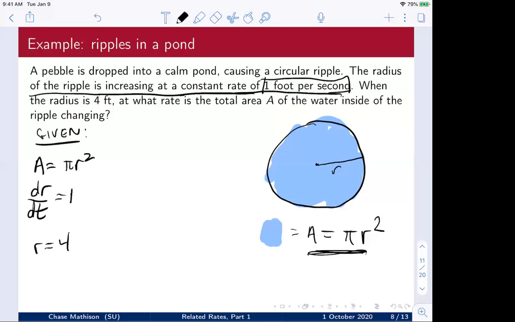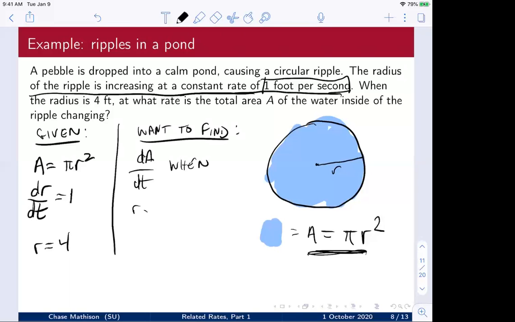What do we want to find? dA/dt. Perfect. dA/dt, specifically when r is equal to 4. Exactly.